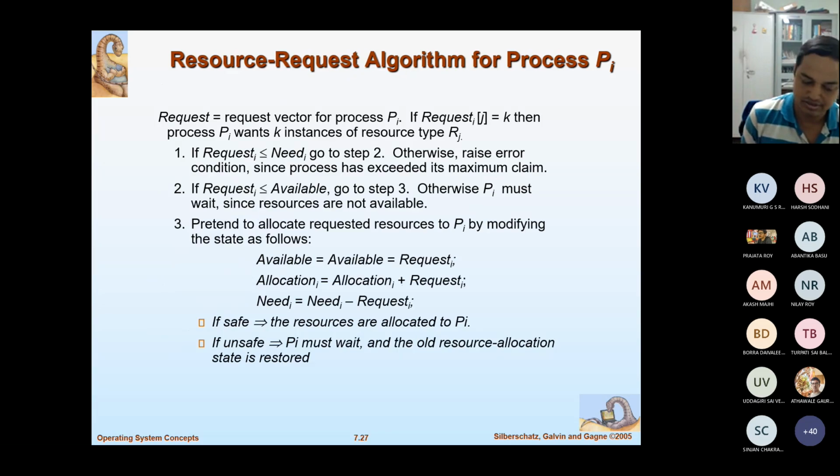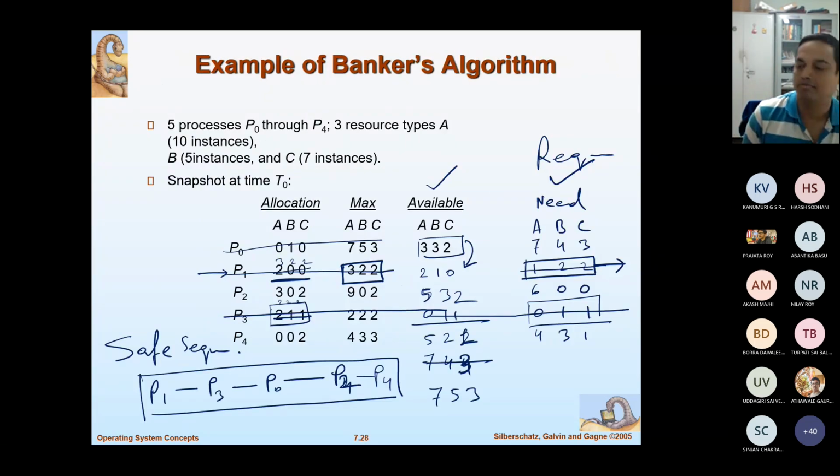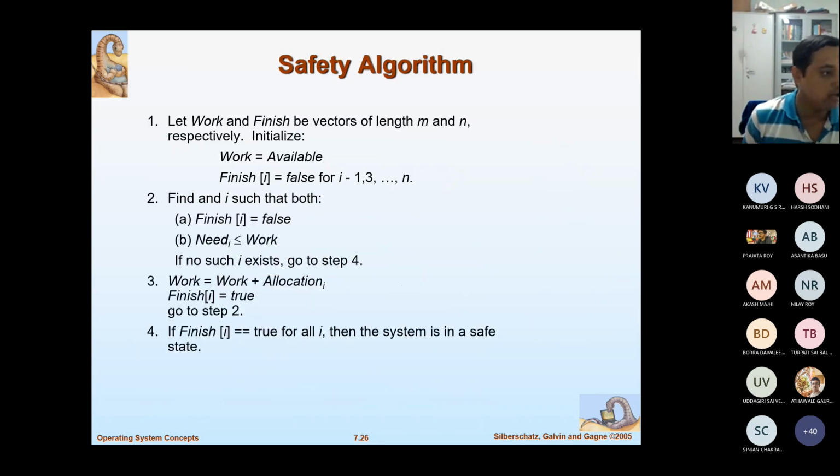Sir, for a particular process, is it always possible to determine all the resources that it requires prior to its execution? That is the assumption of this algorithm. If you have to follow this algorithm, there is no other way, because that is the assumption.